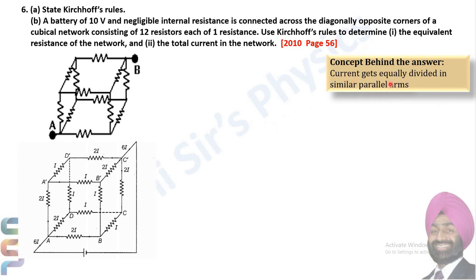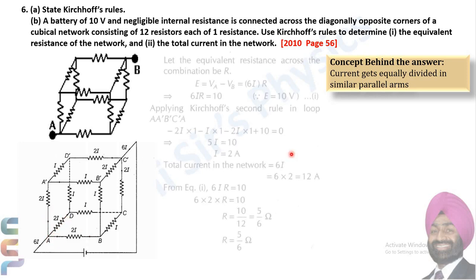So current gets equally divided in similar paths. That was the basic concept behind the answer. The current which is coming from this point is equally divided into all the paths, similar paths.